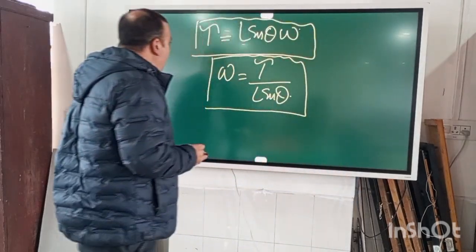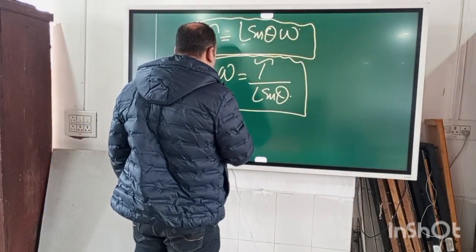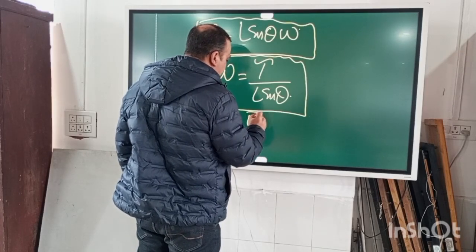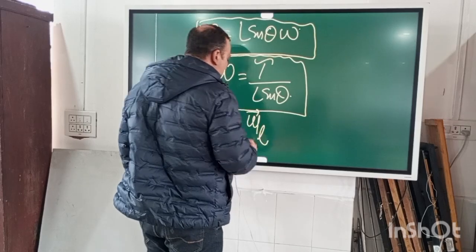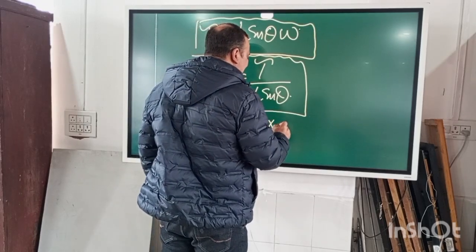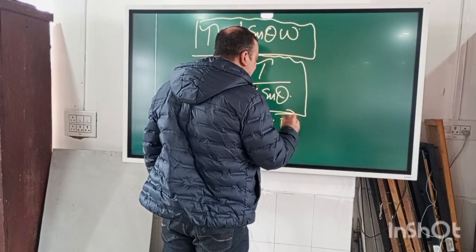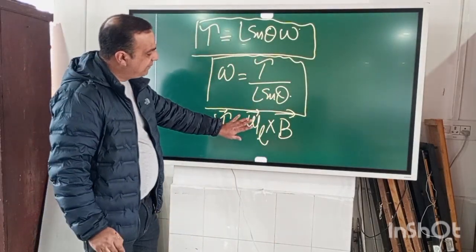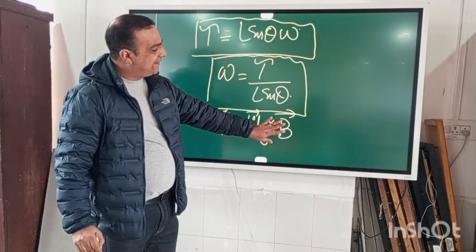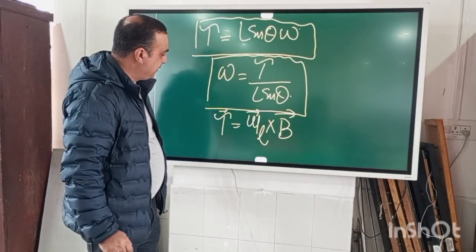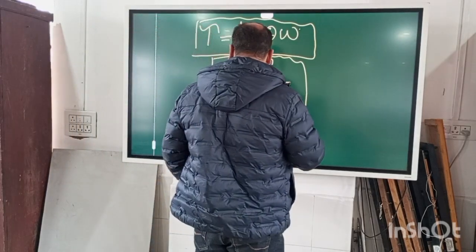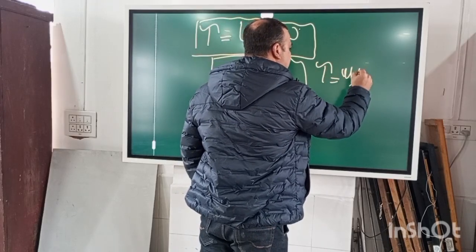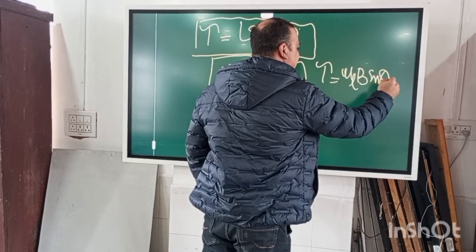From the basics, the torque is the cross product of the orbital magnetic moment and the magnetic field that you are applying externally to this atom. So the magnitude of this torque will be mu L B sine theta.